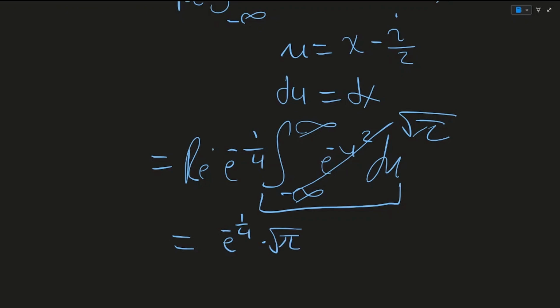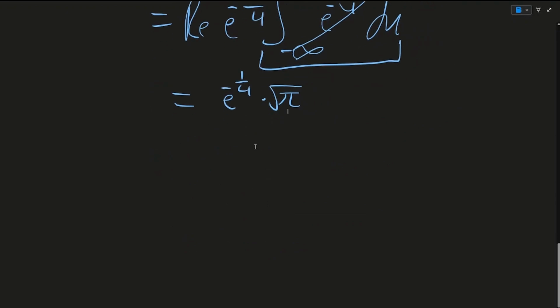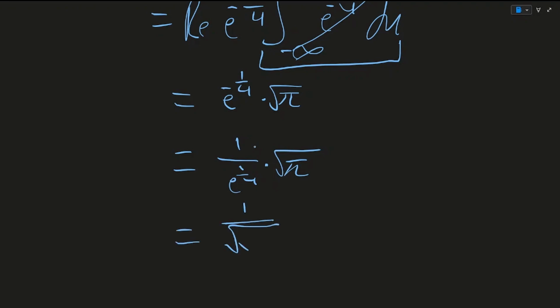And we basically have a result here, but I think we can simplify this a bit further to get a quite elegant looking result. And so we know that we can rewrite e to the negative 1/4 as 1 over e to the 1/4, times radical pi. But we can also rewrite e to the 1/4 as the square root of the square root of e, times radical pi.